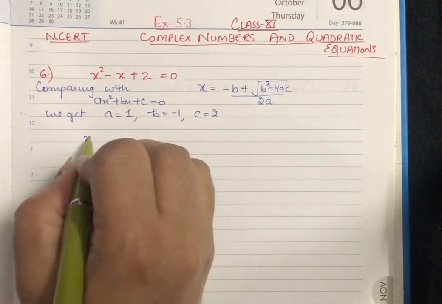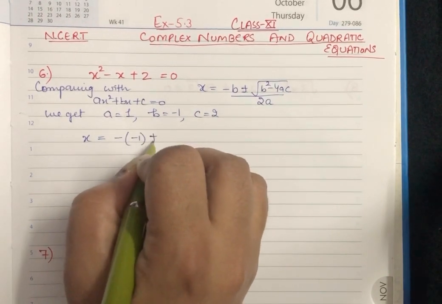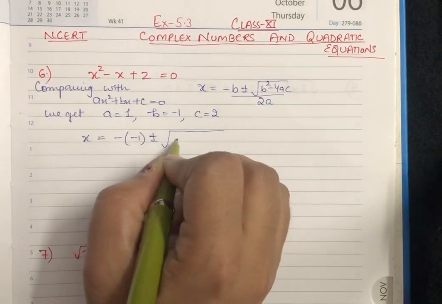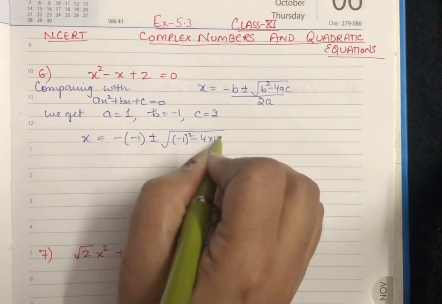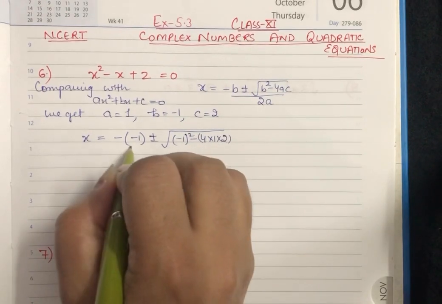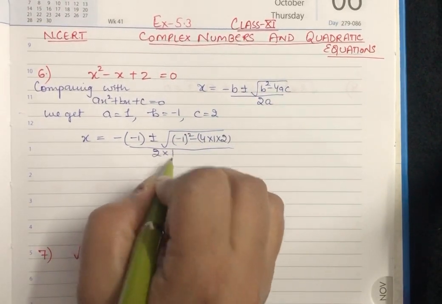So here x will become minus of minus 1 plus minus under root minus 1 whole square minus 4 into 1 into 2 upon 2a, that will be 2 into 1.